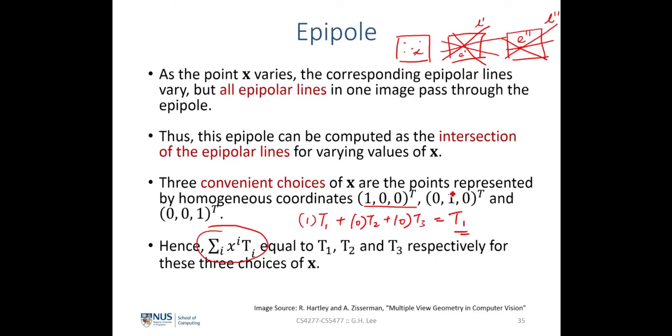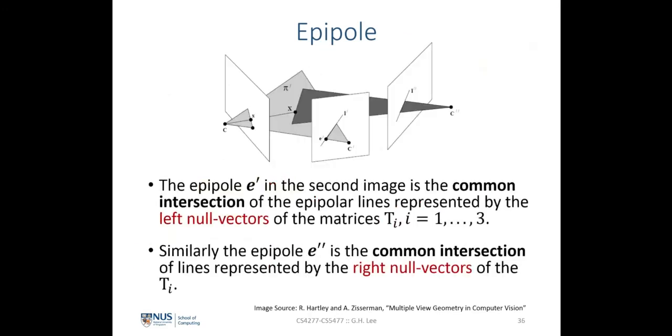Similarly, 0, 1, 0 would also be a good choice, and this would result in computing just T2, as well as 0, 0, 1. This would result in just computing the left and right null space of T3 over here.